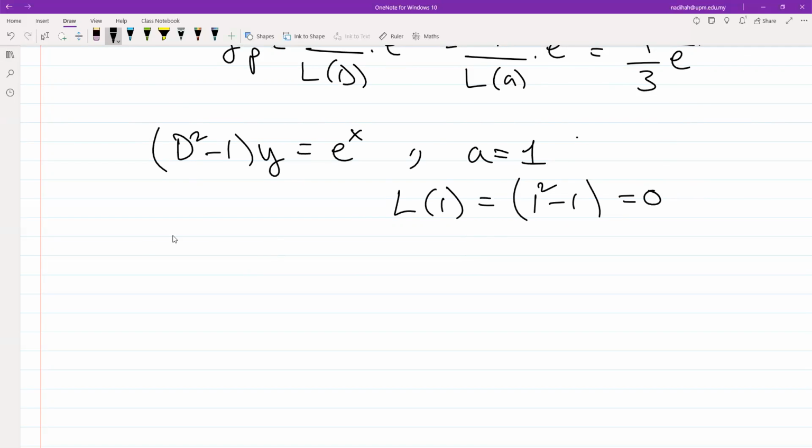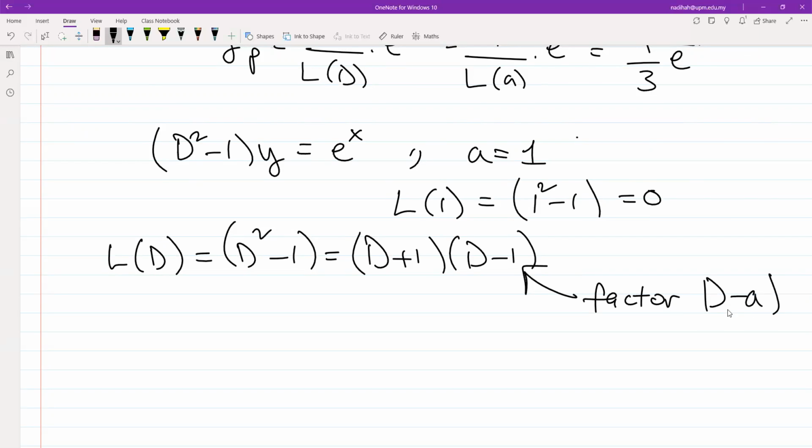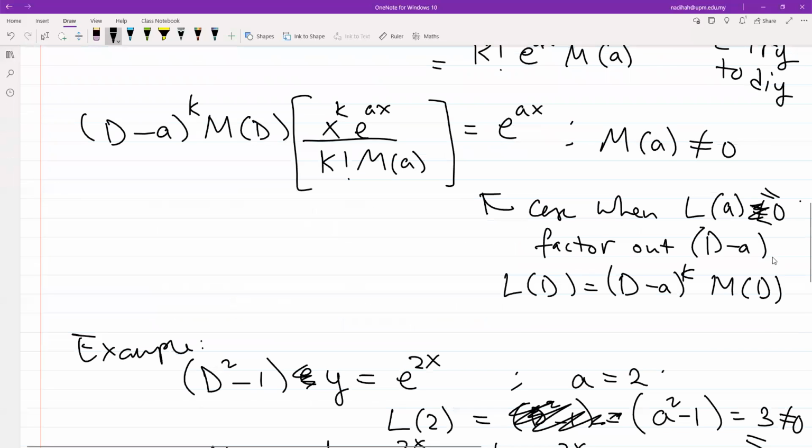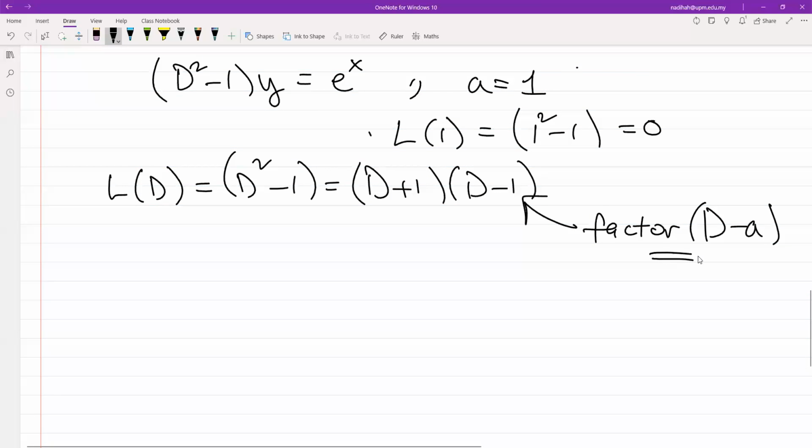So saya boleh katakan L of D, this is D squared minus 1, which is equals to (D plus 1)(D minus 1). So yang ni maksudnya apa? Factor out. Yang kat sini. Factor D minus a.